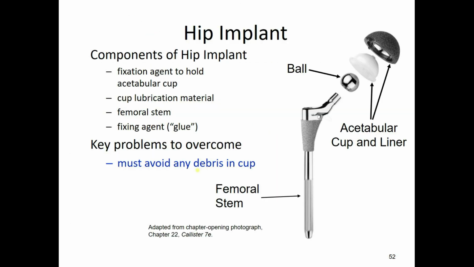These are the components of hip implants. You can see here there are plenty of components that need to be assembled, formed from various materials in order to make the hip implant. So it is a very complicated task. The key problem to overcome is avoiding any debris in the cup.